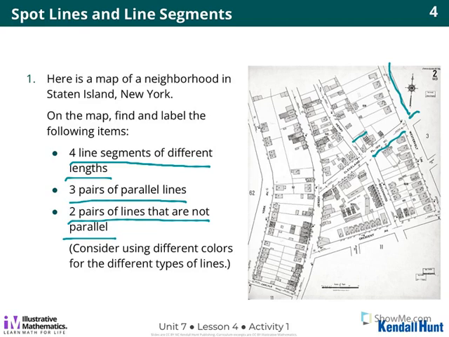Cade, pick a girl to do 3 pairs of parallel lines. Actually, maybe we'll just do 3 pairs would be like 6 lines, right? Yeah. So let's just do 1 pair of parallel lines so we could pick a couple more people. So just do 1 set.